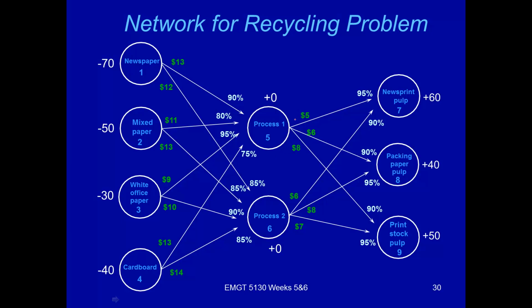We want them to be transformed into those specific types of pulp. So with this analysis, the problem gets translated into a network problem, with supply nodes, demand nodes, and transshipment nodes. It's similar to the problem we covered earlier. It's a minimum cost network problem because we have costs associated with each step of these two recycling processes, and what we want to do is minimize the total cost of the entire recycling process.